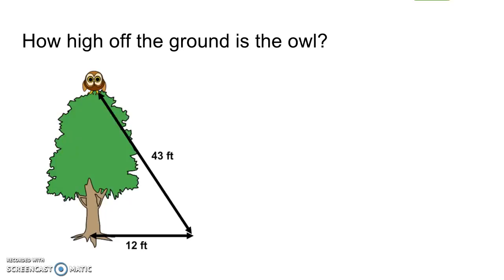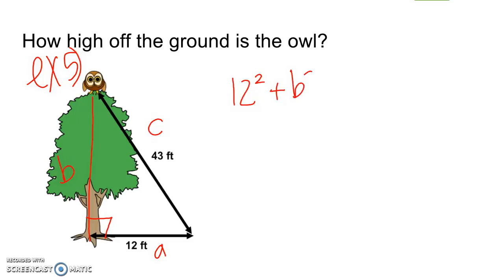Last example, and then you can get started on this. How high off the ground is the owl? So they're asking us to find this right here. This is where our right angle would be. Call this example 5. All right, A, B, C. So I'm going to say 12 squared plus B squared equals 43 squared. 12 times 12, 144.